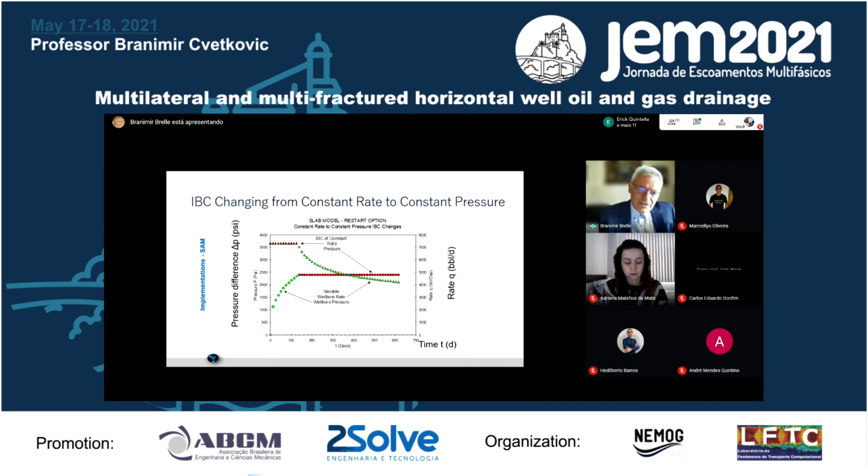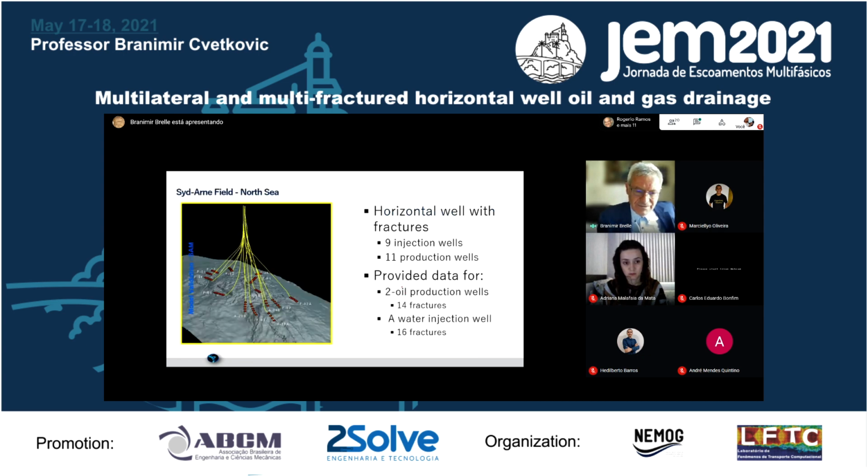And then here I also have the possibility to move from one inner boundary condition to another. This is usually known as superposition. So I can first have the inner boundary condition of constant rate, which gives me the pressure response. Then I have the inner boundary condition of constant pressure, which gives me the rate response. So I can simulate my model completely.